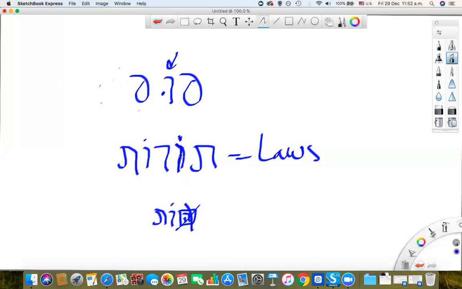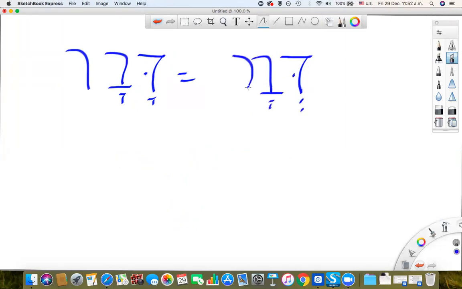Okay, so if you can remember davar and how davar became davarim, you can remember how it became davarim. That's a resh there.